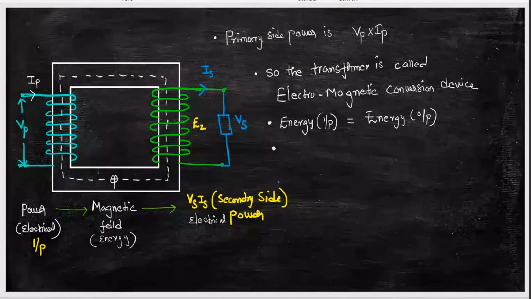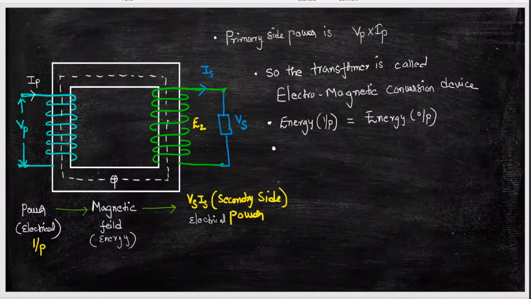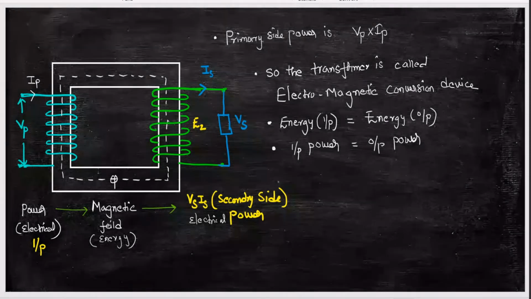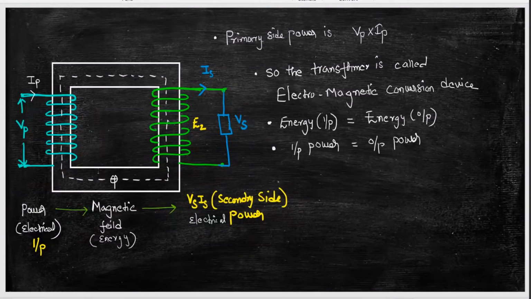If the time is the same for input and output, I can call it input power instead of energy: input power is equal to output power. Because we are supplying the input and output for the same time period, the energy given to the input is the same as the energy we are consuming.